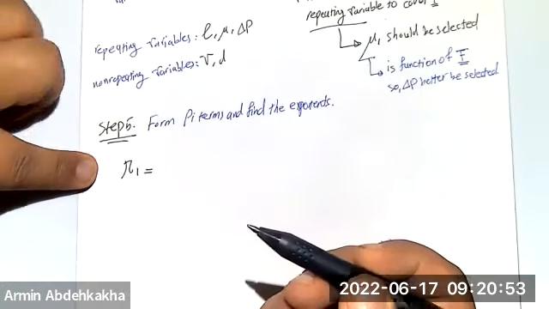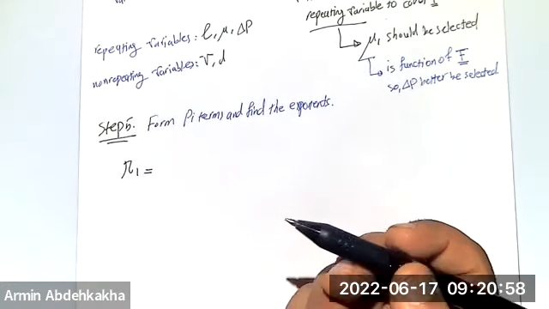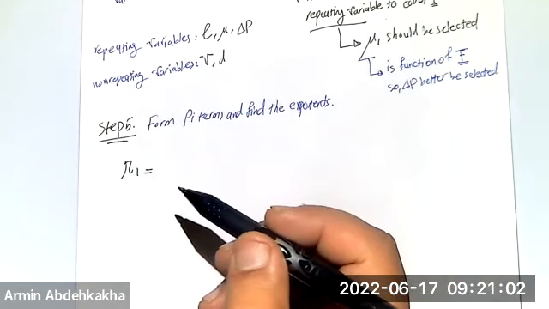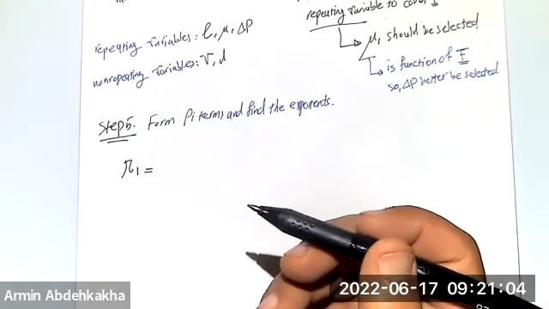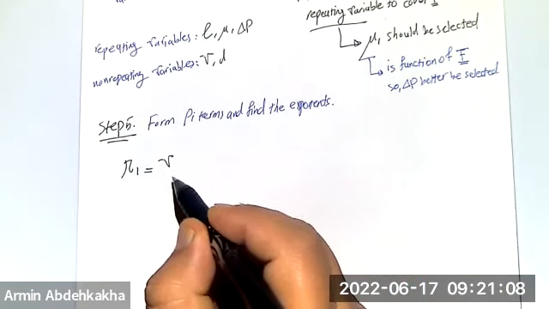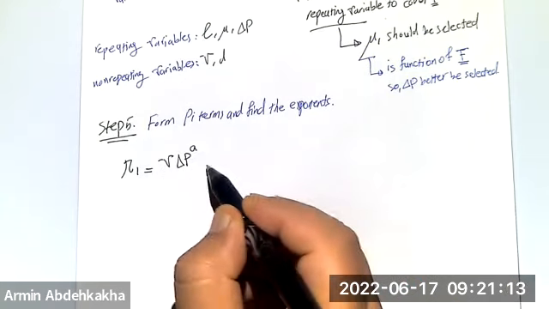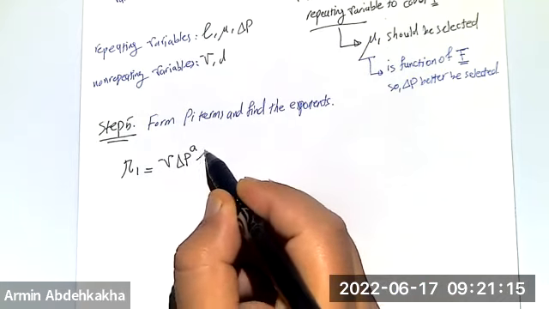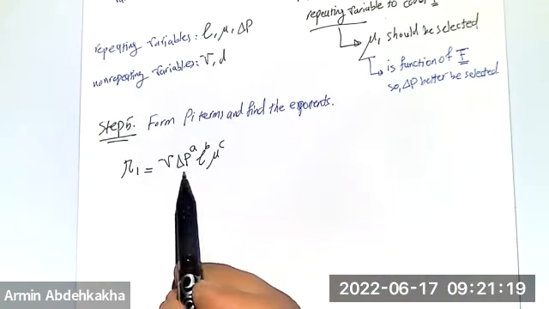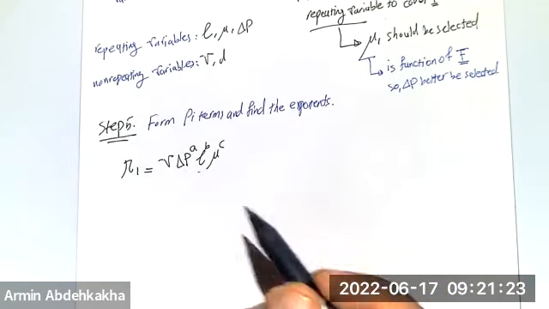Again, there is no rule for it, but it's better to do that, to be consistent with other books and maybe solutions, right? So Pi1 is V as a non-repeating variable, then delta P to the power of A, L to the power of B, and mu to the power of C. Again, the sequence also doesn't matter as long as you're doing it right.